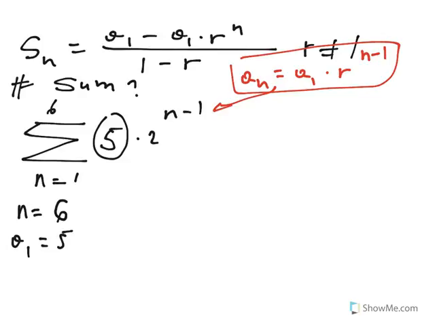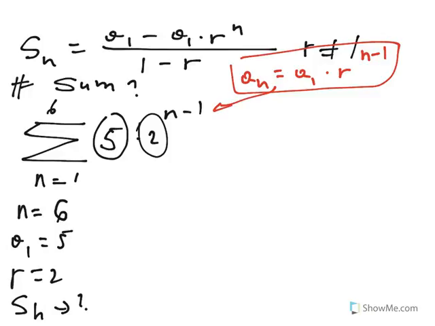And I can show you the r is equal to 2. By comparing, you can see that a sub 1 and 5 are equal, and r and 2 are equal. Now the question here is to find S sub n.